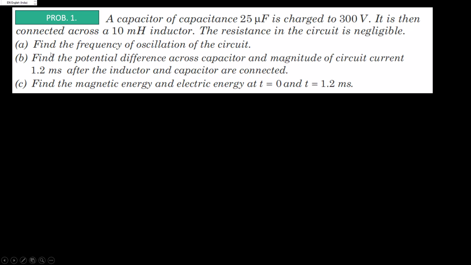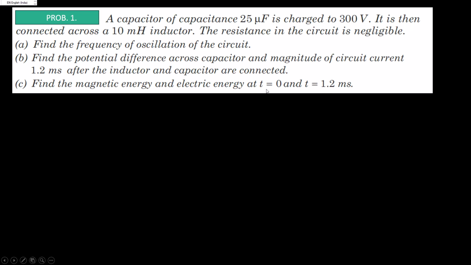Now we shall find the frequency of oscillation in the circuit. Very easy, just compare this equation and put these values. Then we find the potential difference across the capacitor and the magnitude of current in the circuit at a time 1.2 millisecond after the inductor and the capacitor are connected, and then the magnetic energy and electric energy at two different times, at the starting time equals 0 and at time 1.2 millisecond.